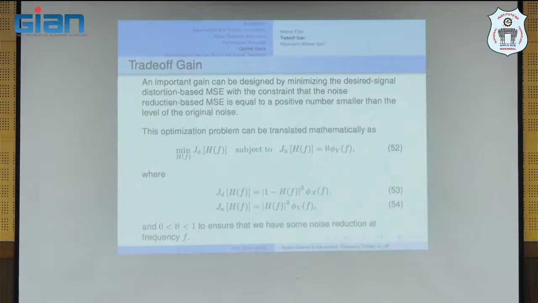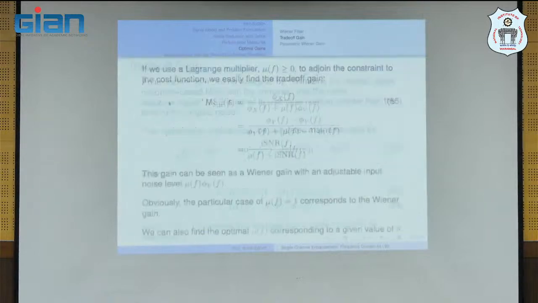So to solve this problem, we can use Lagrange multiplier and choose this Lagrange multiplier such that the constraint is satisfied. Or we can keep the Lagrange multiplier constant and play with that. We can keep it a constant for all frequency, or we can change for each frequency this Lagrange multiplier, whatever you like, so that this constraint or requirement will be satisfied.